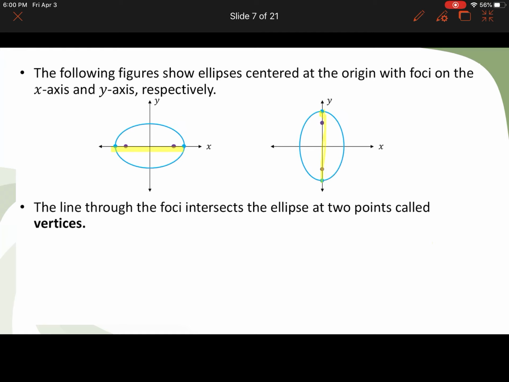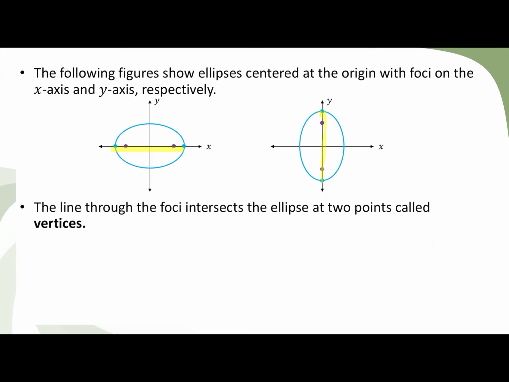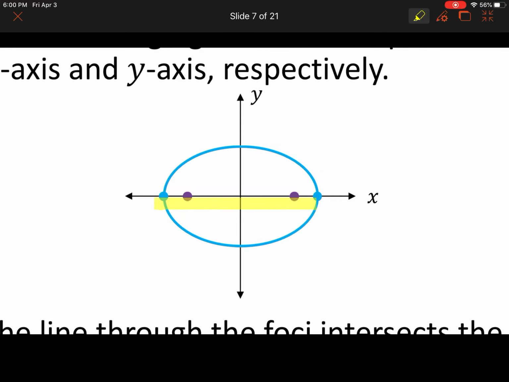So you might think that there are 4 vertices. There are not. These are called vertices. Where the minor axis crosses, we don't call them vertices.